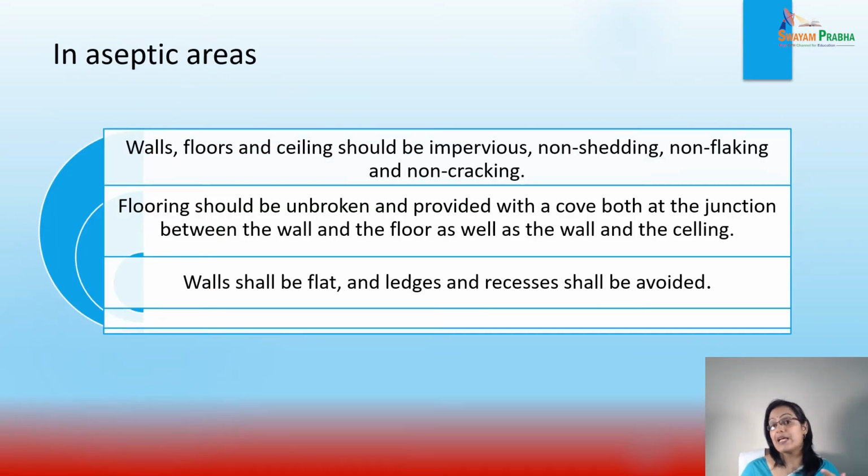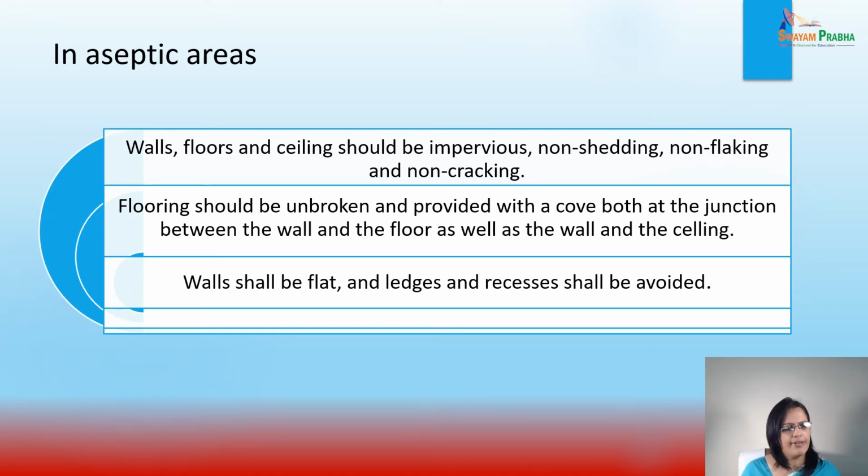Now the aseptic area. The requirements with reference to the aseptic area: the walls, floor and ceiling should be impervious, smooth, non-shedding, non-flaking and non-cracking, and there should not be any cracks. Flooring should be unbroken and provided with a cove at the junction between the wall and the floor as well as between the walls and the ceiling.